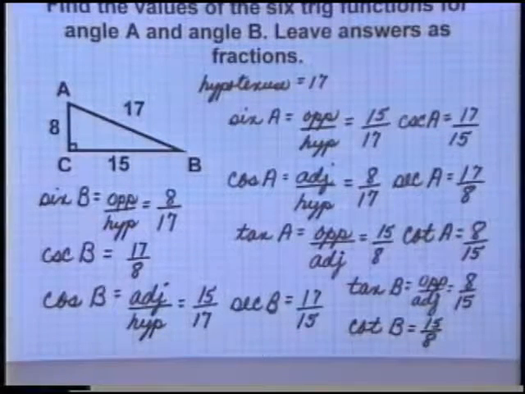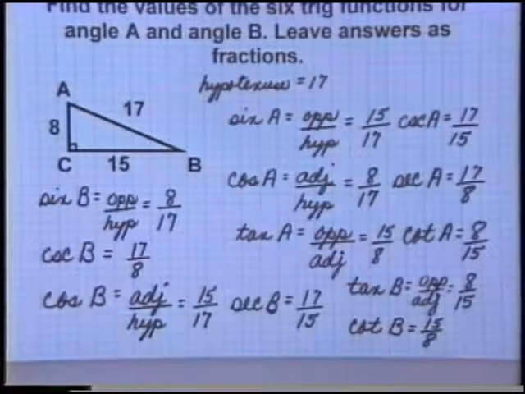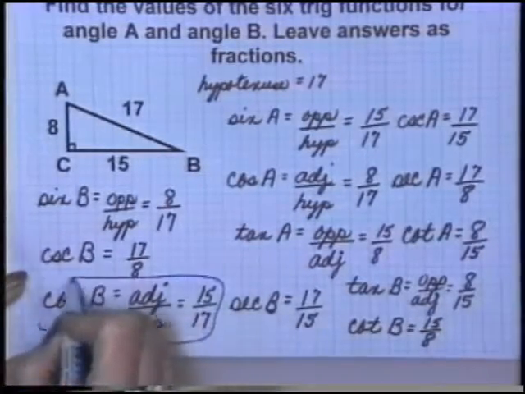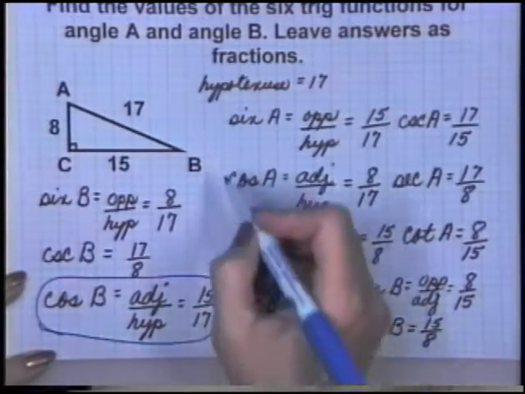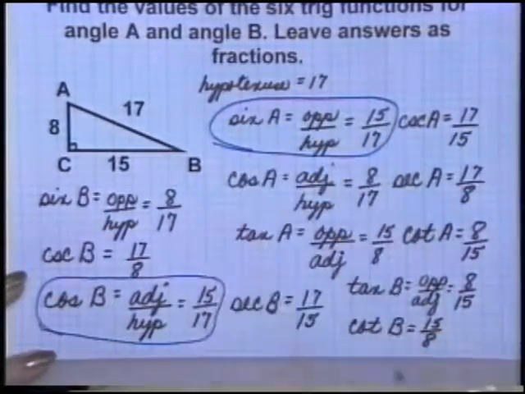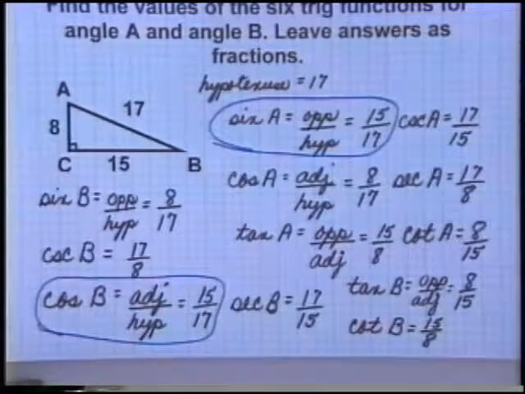Now, the reason that I wanted you to see all of these together was I wanted to see if you noticed anything. Did you notice that the cosine of angle B was 15 over 17? That's the sine of angle A, is 15 over 17.